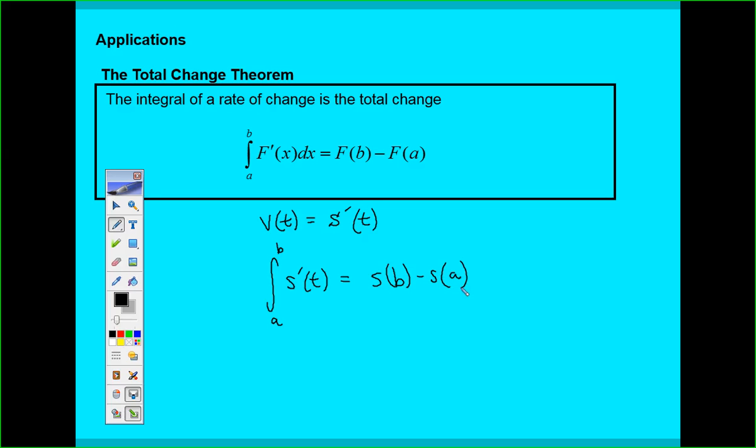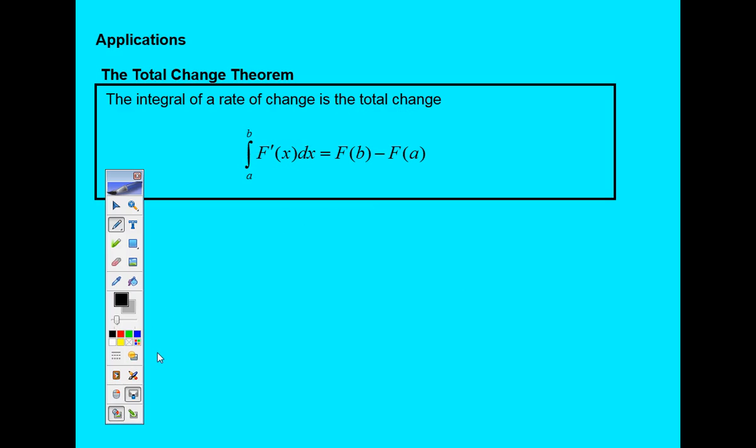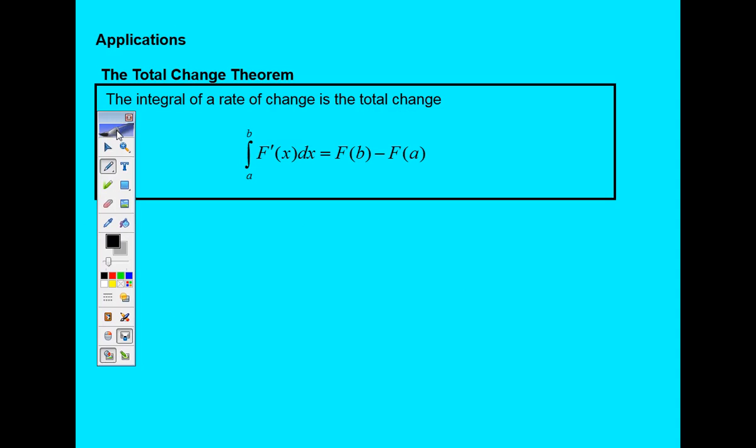That's the idea behind the total change theorem. If we are taking the antiderivative of a rate of change, we get total change. Let's look at some examples of how we could apply the total change.